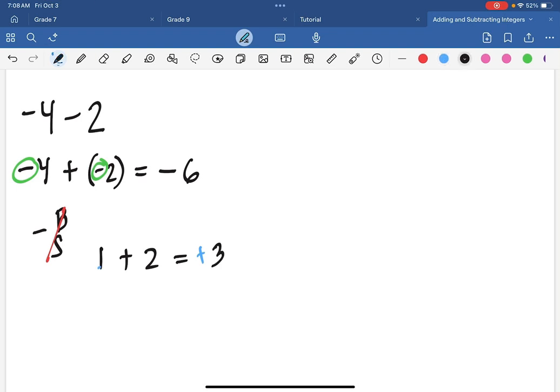And that is also the same process with negative 4 plus negative 2. All we need to do is to copy the sign, which is negative, and then add the two numbers, as simple as that, 4 plus 2. So that's why we got 6. And combining the negative and 6, that's why we got negative 6.